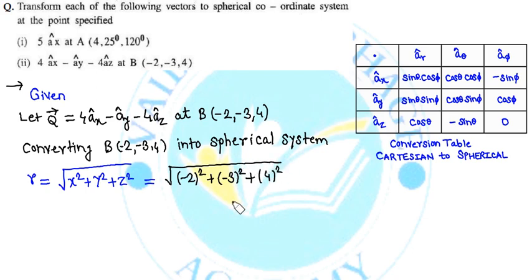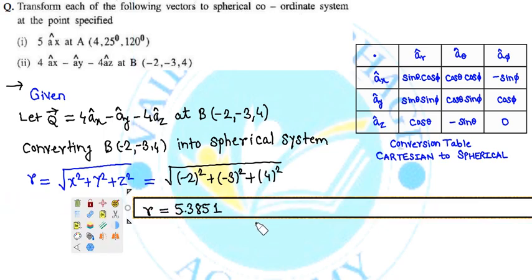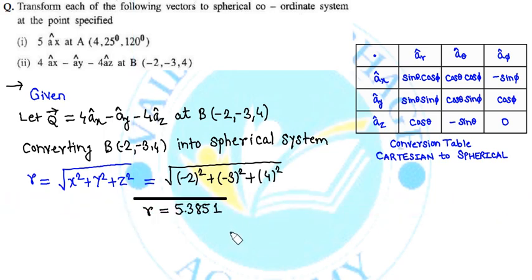This calculation will give you the value of r, which comes around 5.3851. So this is your r of the spherical system.